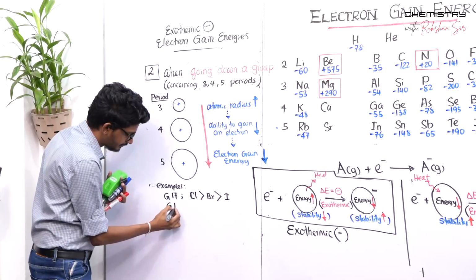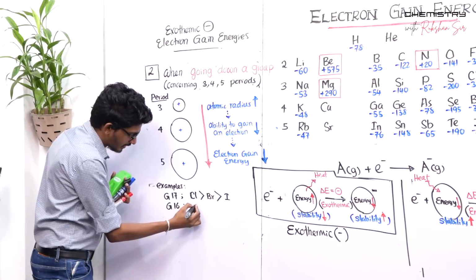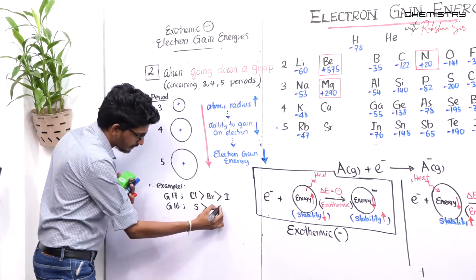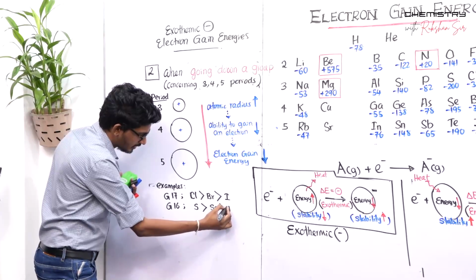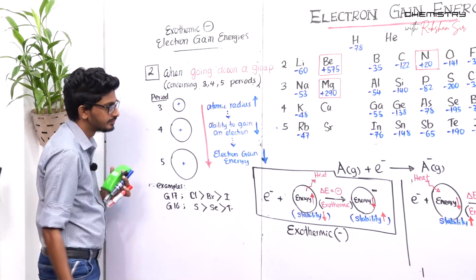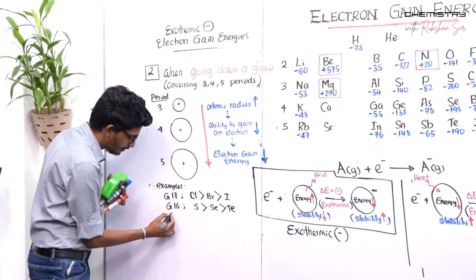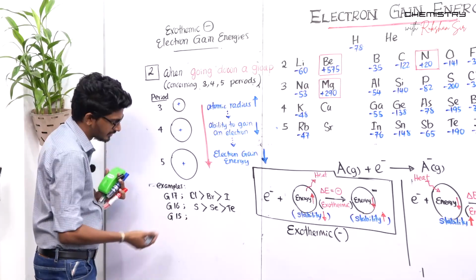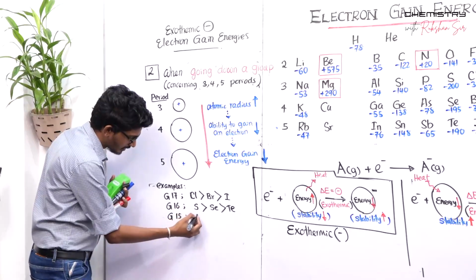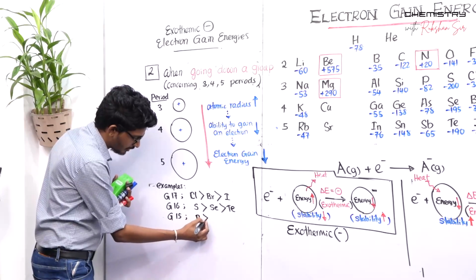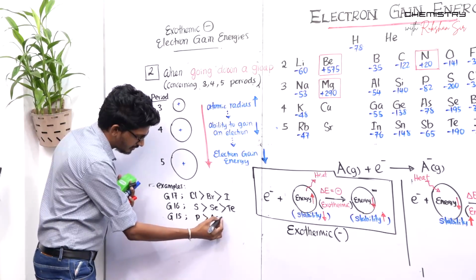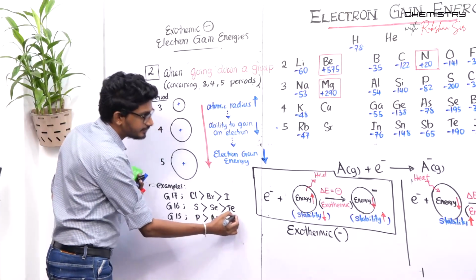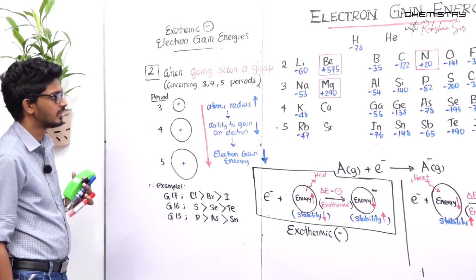Group 16: sulfur has a greater value than selenium, which has a greater value than tellurium. For group 15 as well, it is valid. Normally it is a trend. Phosphorus has a greater value than arsenic, which has a greater value than antimony.